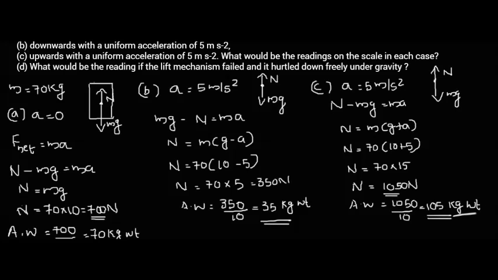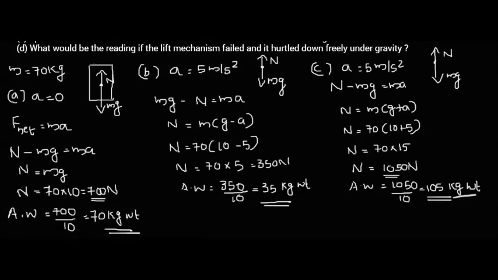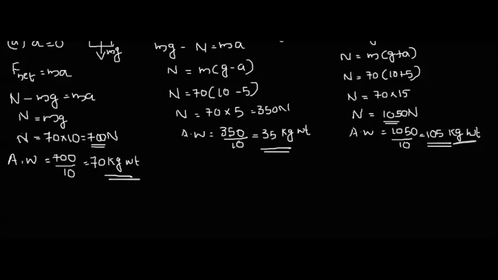Okay, now we are moving on to the fourth situation. In the fourth situation, what would be the reading if the lift mechanism failed and it hurtled down freely under gravity? So this is similar to the situation that we did in the case of a monkey problem. When the lift mechanism failed, it will move under gravity. So there the acceleration will be equal to the acceleration due to gravity.